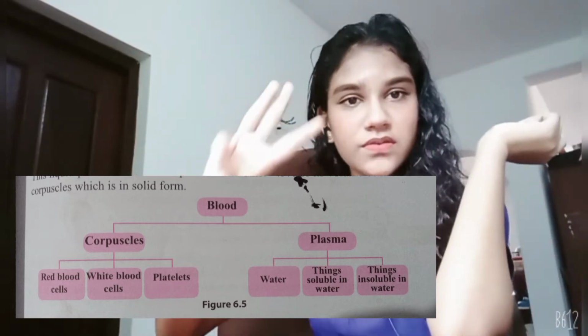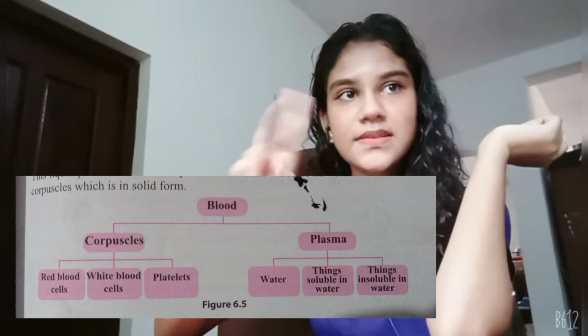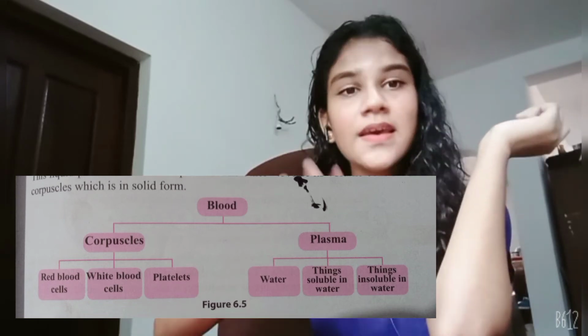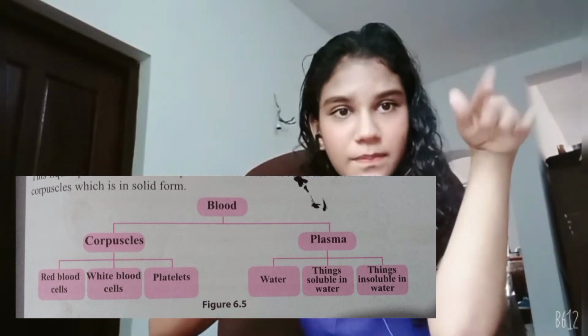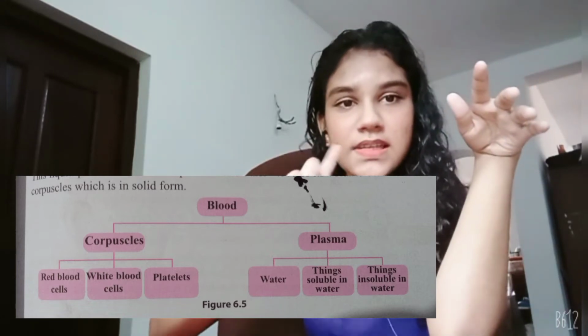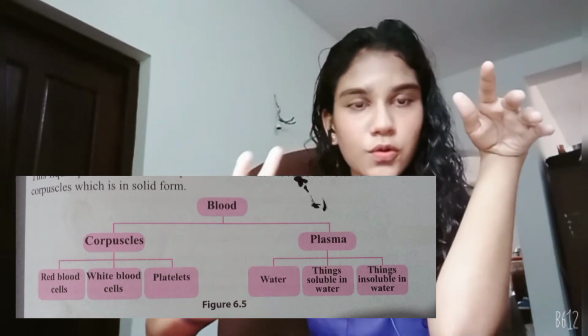Corpuscles can be divided into red blood cells, white blood cells and platelets. The other one, plasma, can be categorized into water, things soluble in water, and things insoluble in water. According to a microscopic observation of a blood sample, there are three types of corpuscles.